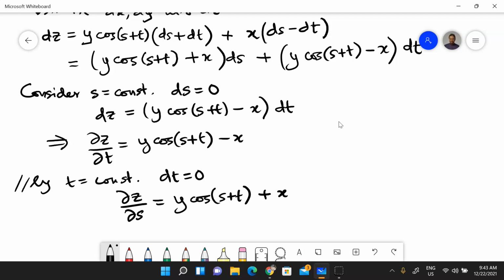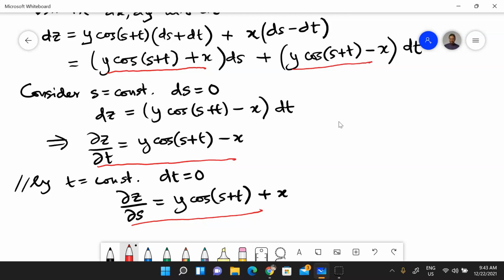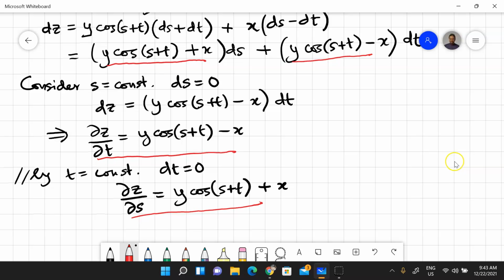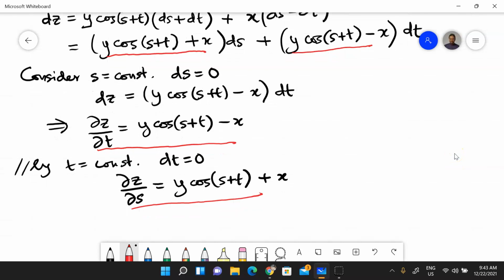Okay, so take note of this, and compare it with what we have over here.